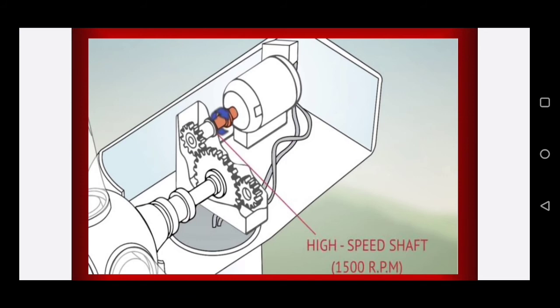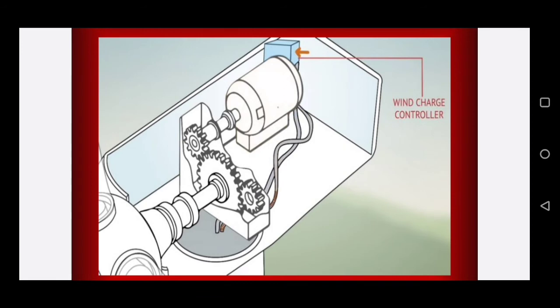That generator converts the kinetic energy into electrical energy. It produces alternating current, AC. Here one more part is there, the wind charge controller. The wind charge controller converts the AC current into direct current.